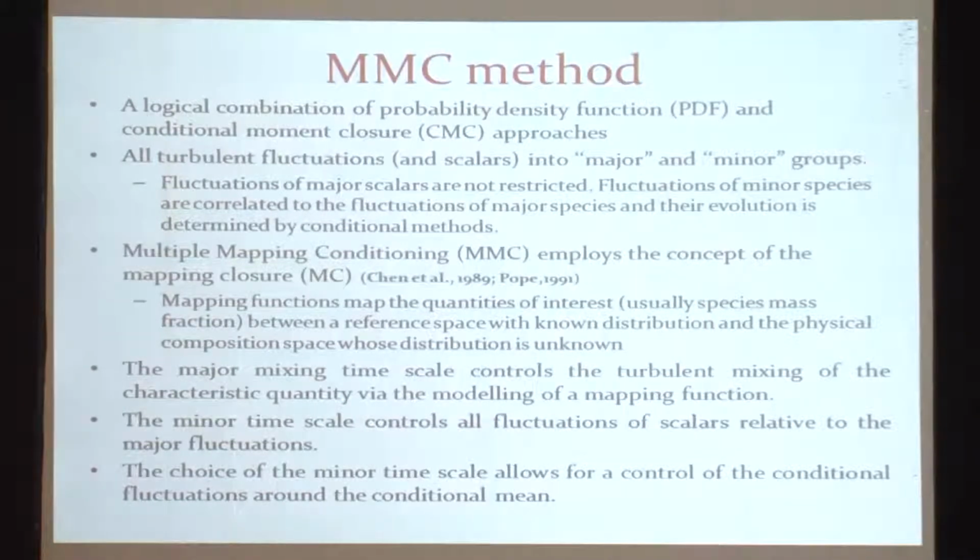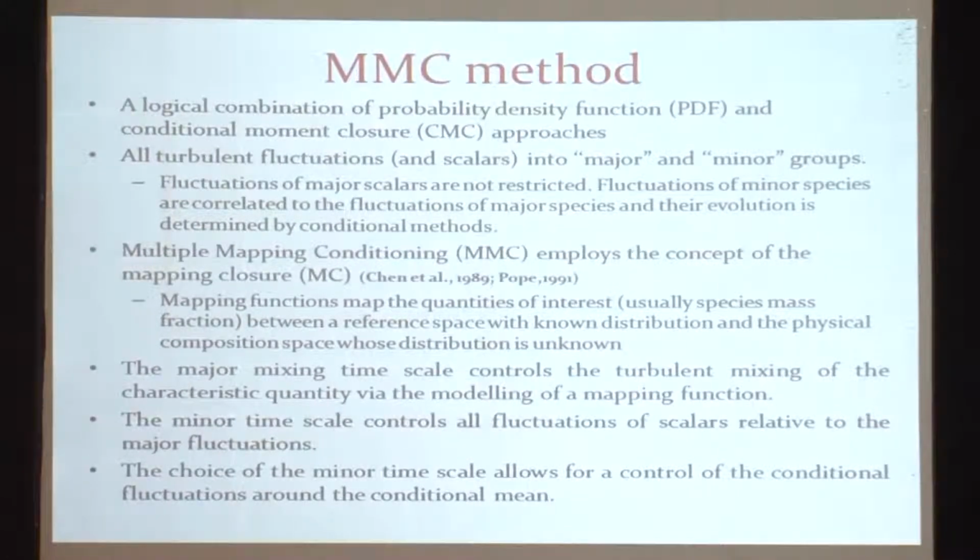In the MMC method, the turbulent fluctuations are classified into major and minor groups. The fluctuations of major scalars are not restricted, and the fluctuations of minor species are correlated to the major species. Multiple mapping conditioning actually started from the mapping closure method of Pope and Chen et al.